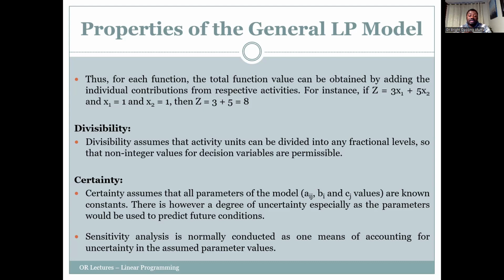And we also say that there is a degree of uncertainty, especially as the parameters will be used to predict future conditions. So though they are known, there is some degree of uncertainty in terms of what the value will be like, right? But it can be used to predict the future conditions.